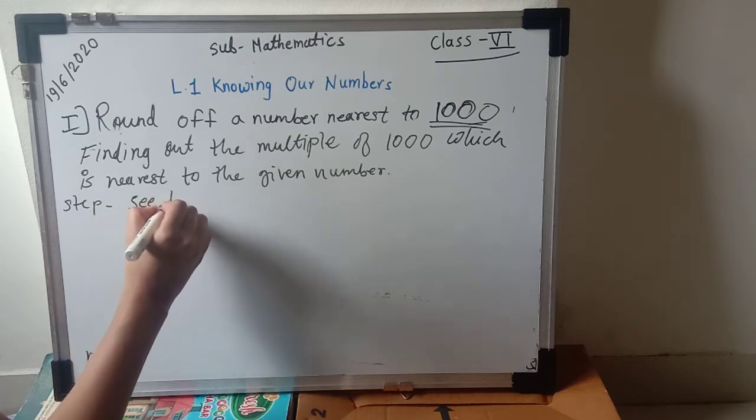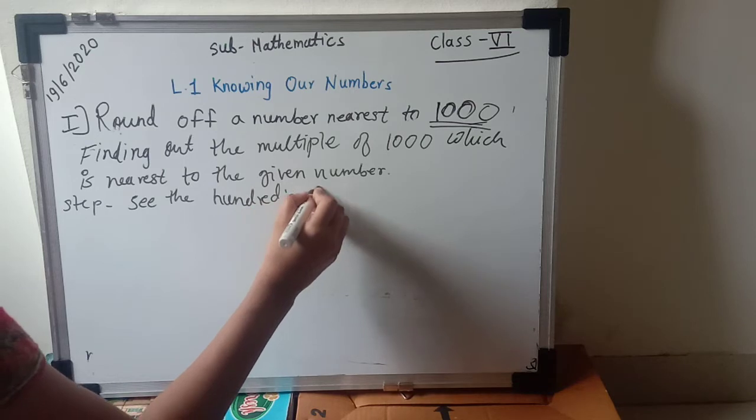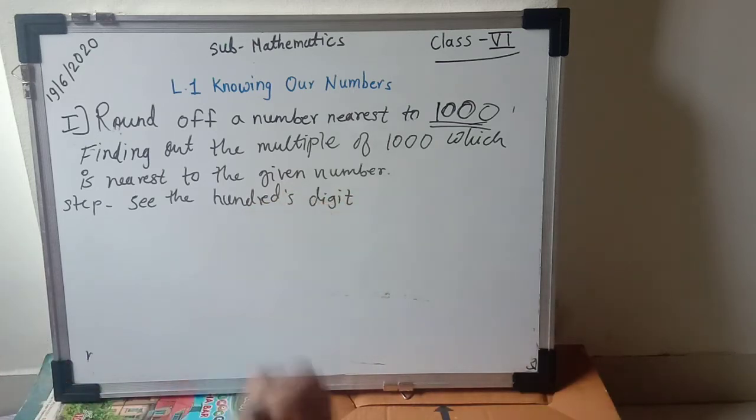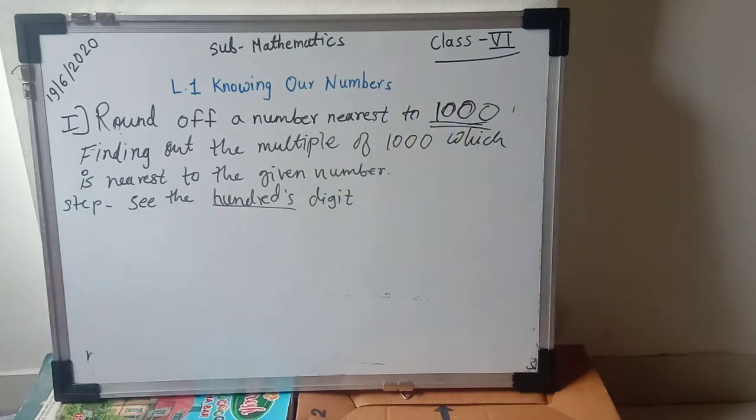See the hundreds digit. Of any number, when you are rounding nearest to 1000, you have to see the hundreds digit.